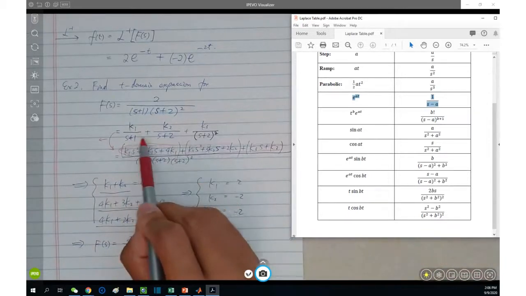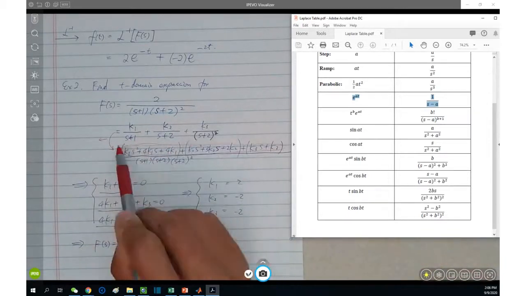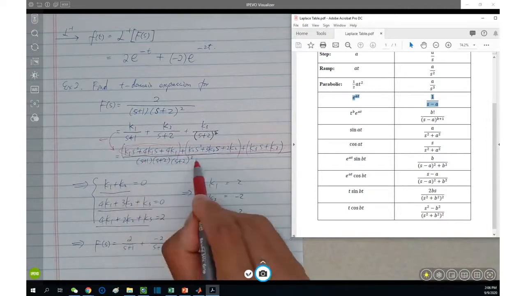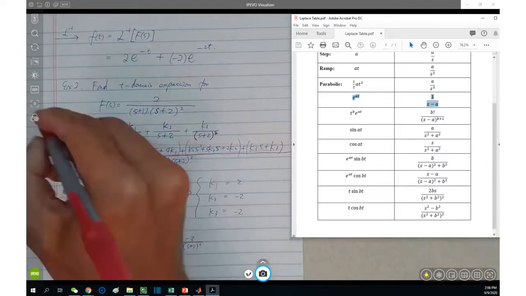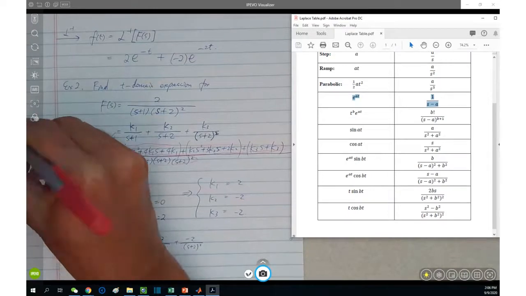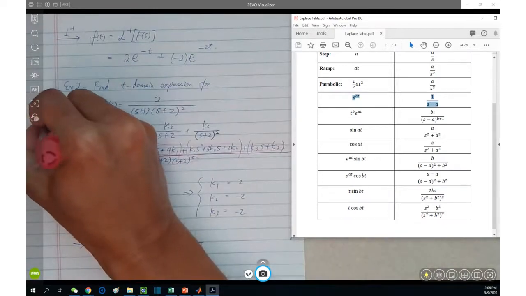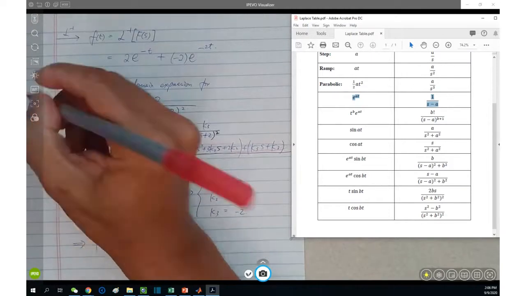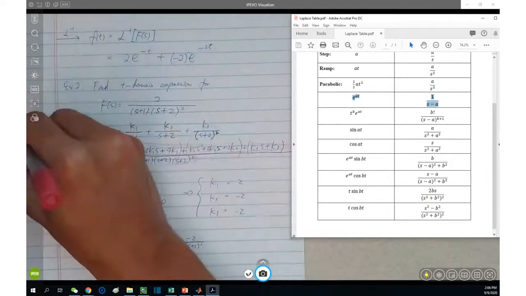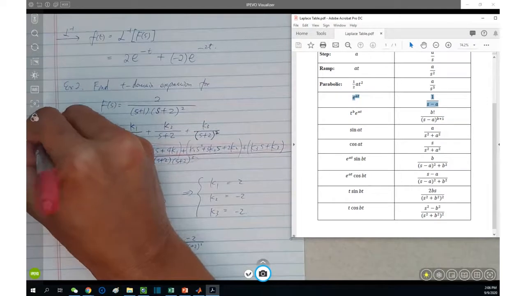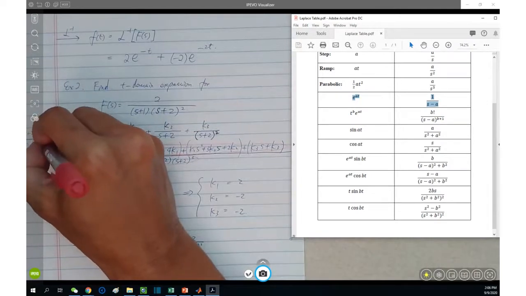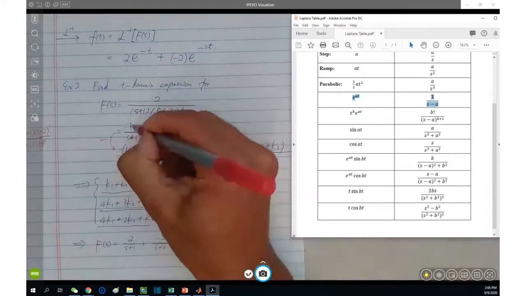You have 3 denominators. You have the product of them, and then respectively here is what? K1 times s plus 2 times s plus 2 squared. This is the first term.